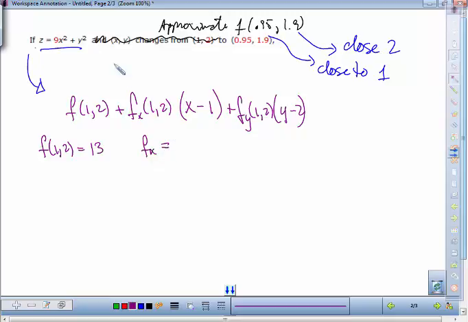Let's find the derivative, and then we'll put in 1, 2. So derivative with respect to x is 18x plus 0. Eventually I'll stop putting plus 0, but I'll do that a little bit longer just to have you remember that the derivative of a constant is 0 and y is a constant with respect to x. So we need to put in 1, 2. In this case, there's only an x, so that's just 18.